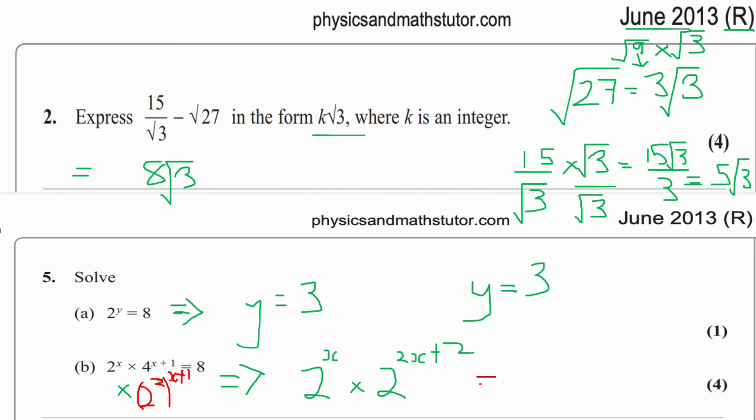And then I can write that as equal to 2 to the power of 3, because 8 is equal to 2 cubed.